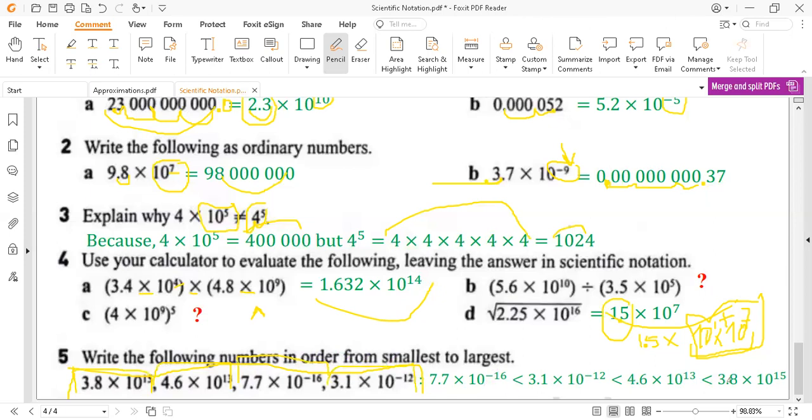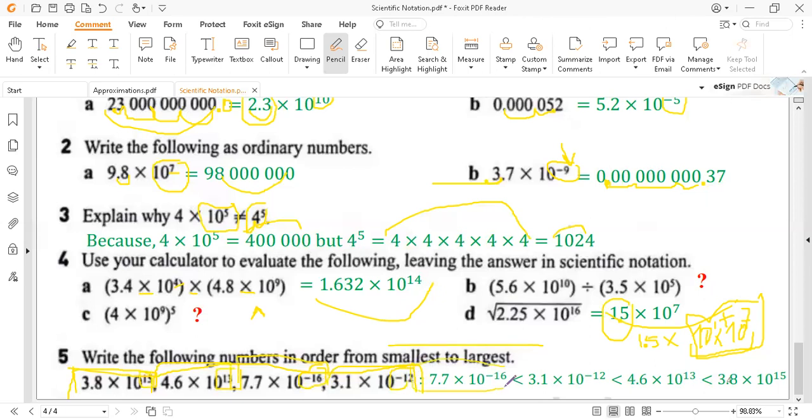So how to rearrange these numbers in ascending order from smallest to largest? It is very easy to compare only the exponents. The smallest power of 10 is the smallest number. So minus 16 is the smallest.